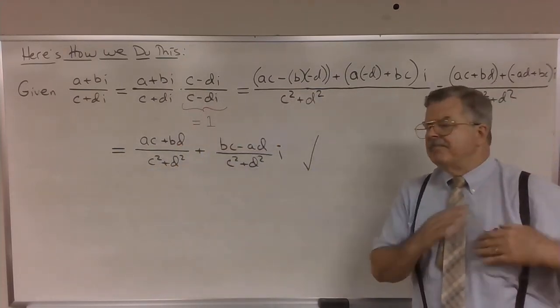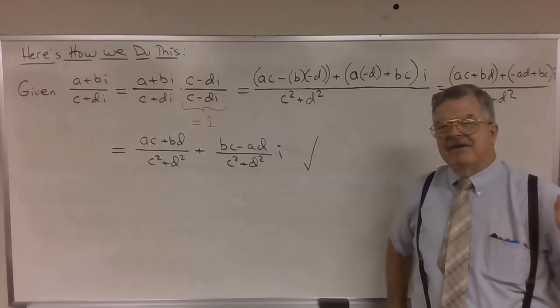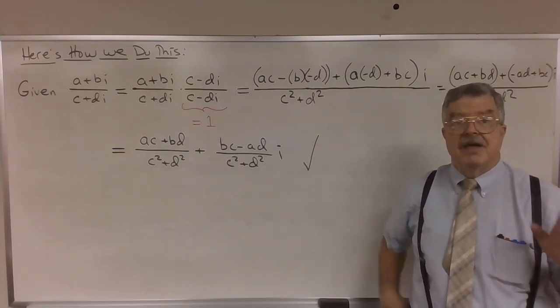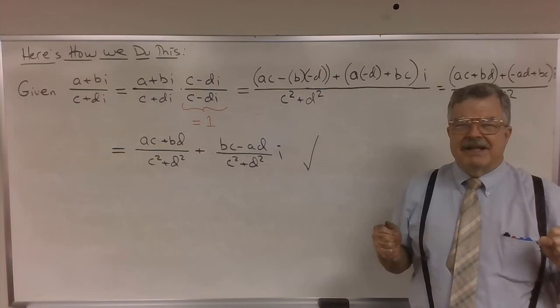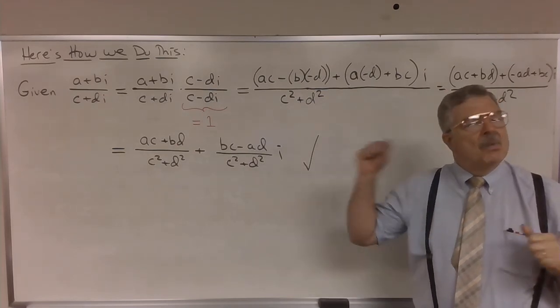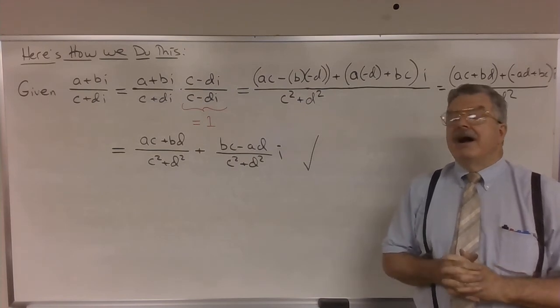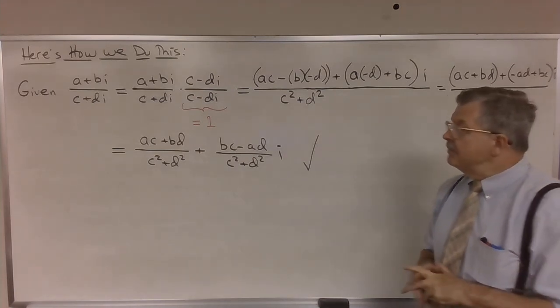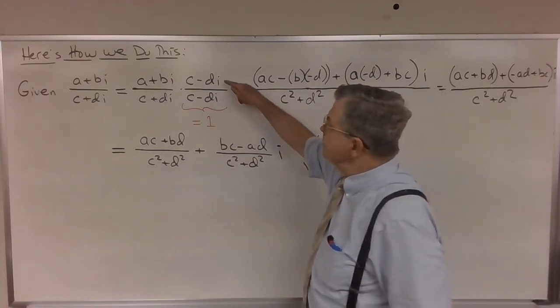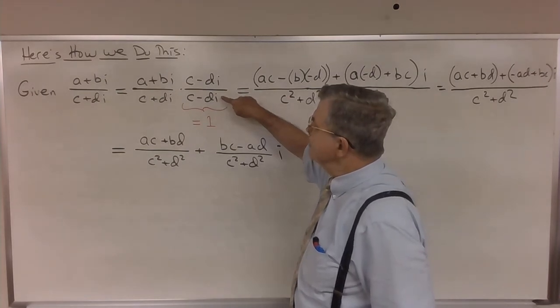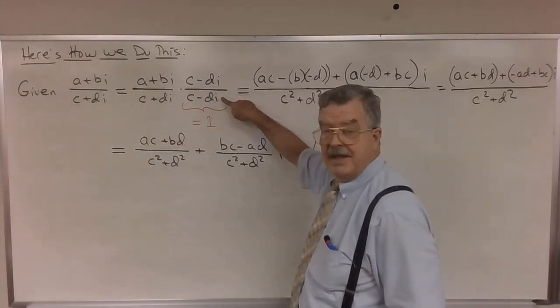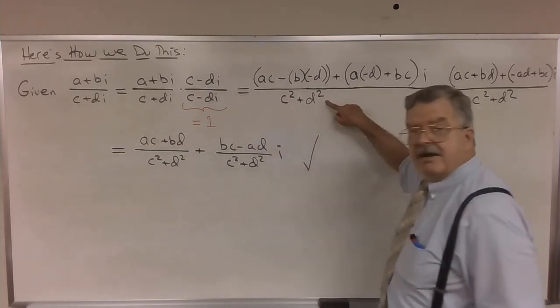Okay. By being cowardly, I found a good way to do this where I didn't directly have to divide one complex number by another complex number. I simplified the problem by multiplying top and bottom by the conjugate of the bottom. And that made the bottom a real number.